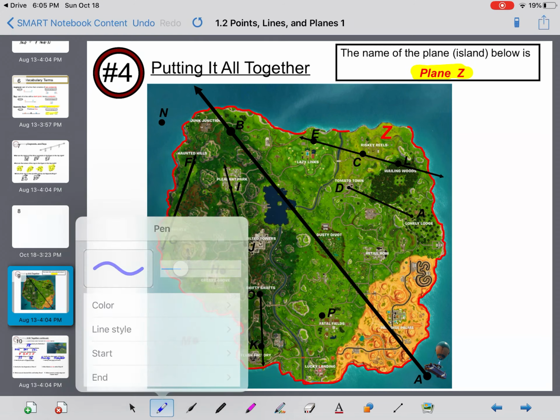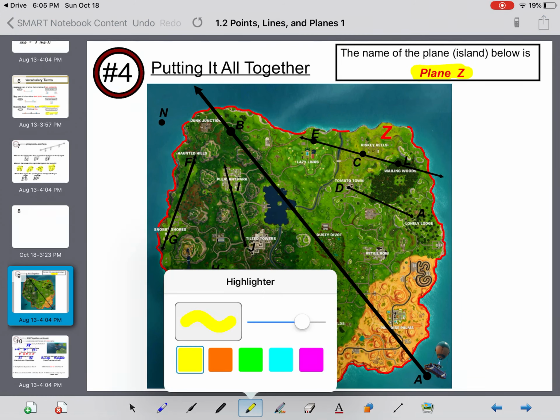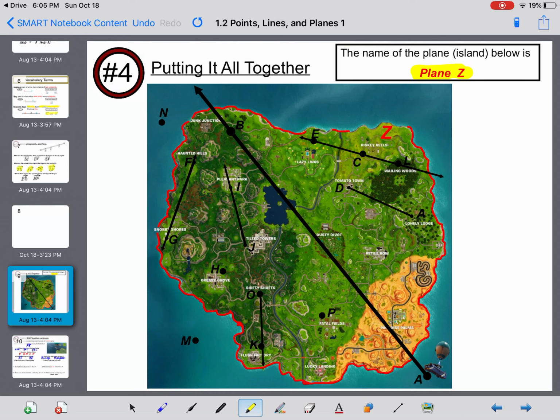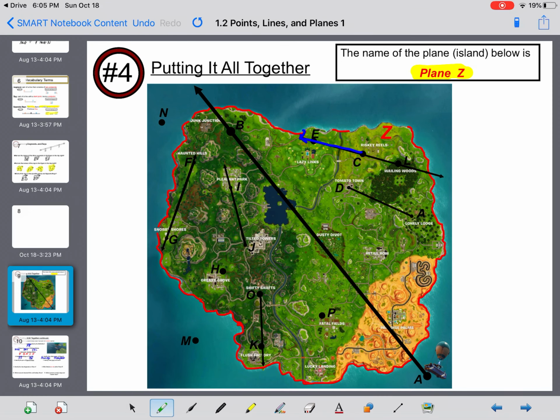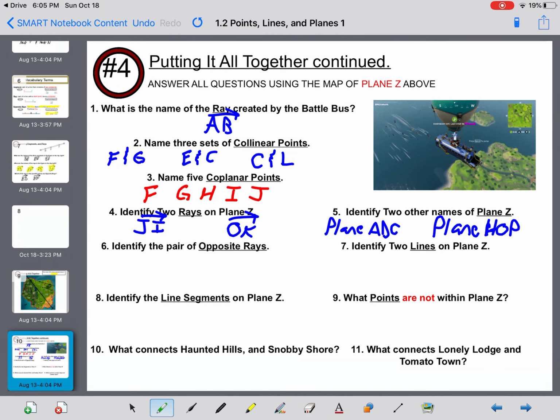So the 2 rays that combine to create line ECL or line EL is CE, this ray right here, and ray CL. So ray CE and ray CL.